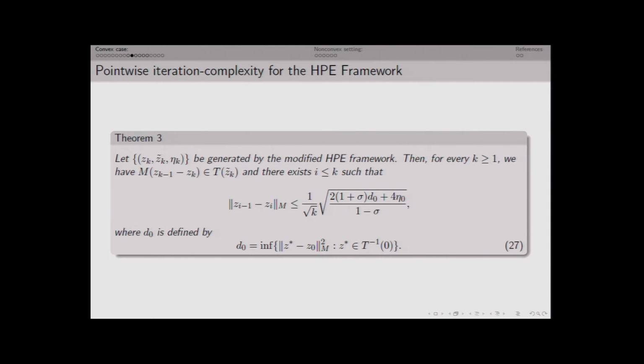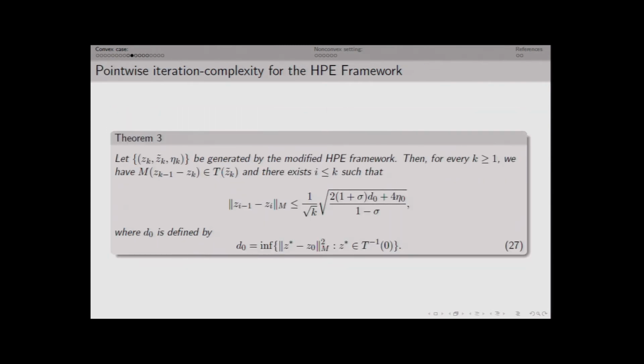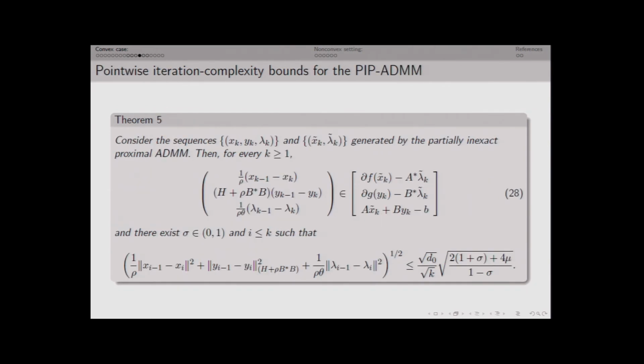In the pointwise case, if you don't take any average, it's 1 over square root of k, where k is the iteration count. And if you go to the ergodic case, you don't have the square root of k. In terms of iteration complexity this is better, but the problem is that you are considering a larger set instead of the operator T, because here it is the operator T. There is no enlargement here, okay? But this modified Hpe still has the same properties as the usual Hpe.